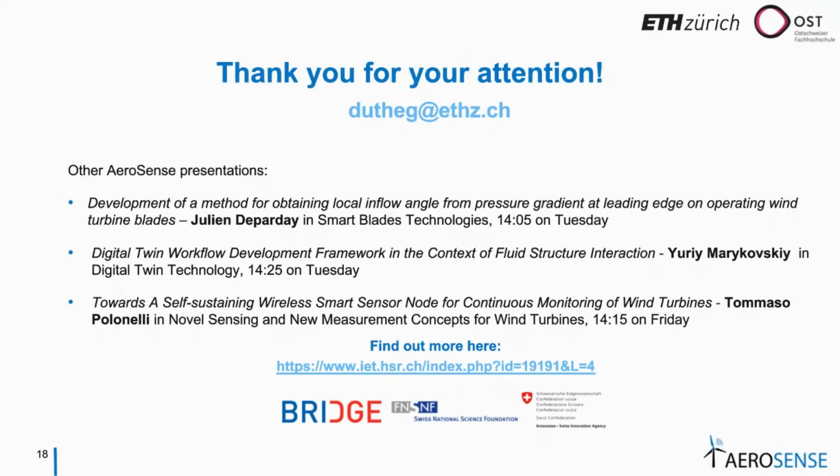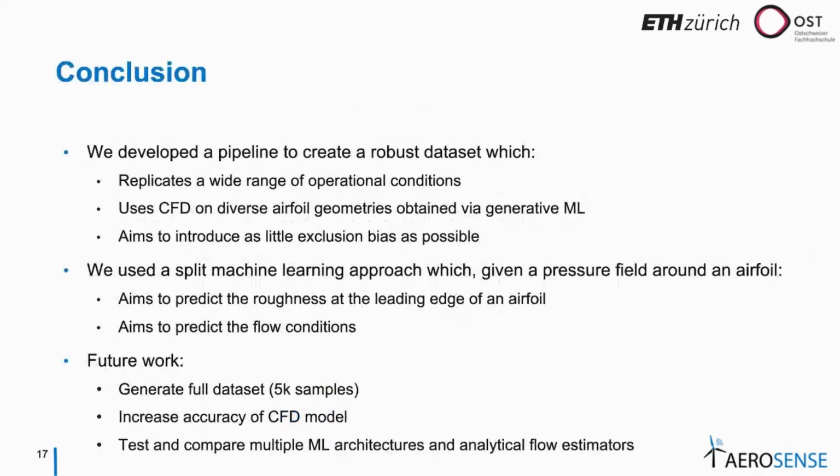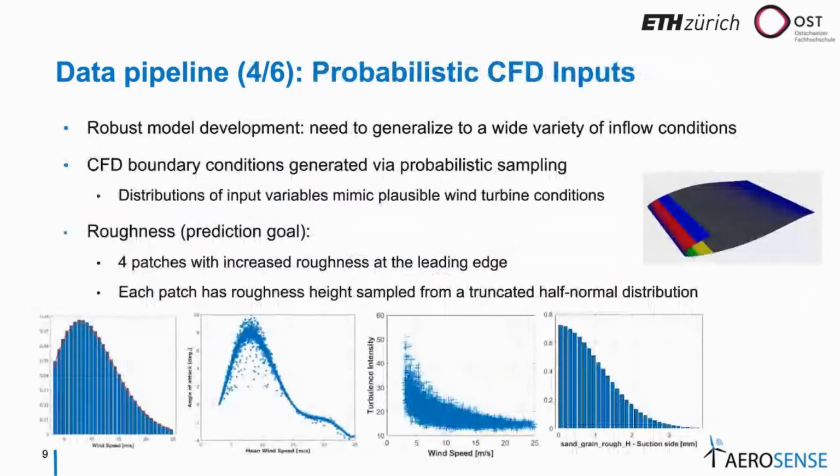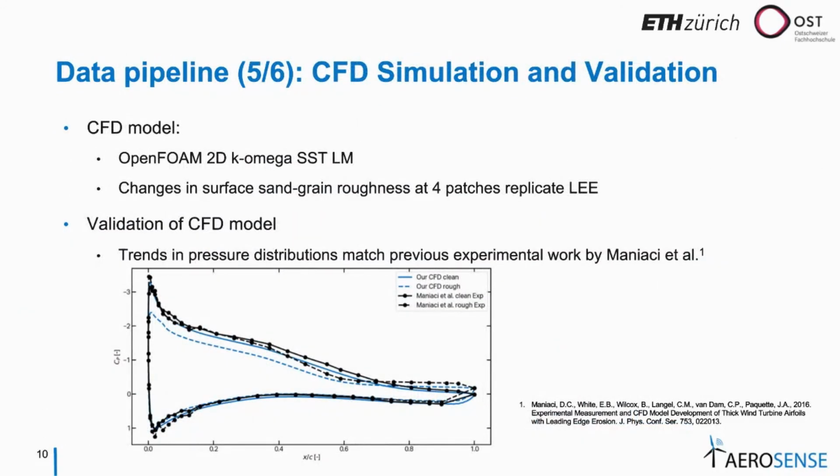There is maybe a further question we can take quickly, as we're approaching the end of this part of the session. How did you verify that the change in the wall model is a good representation of the roughness? So I talked about it quite briefly here, where we are validating our CFD model. We validated that the trends in the pressure distribution match the trends in the roughness.